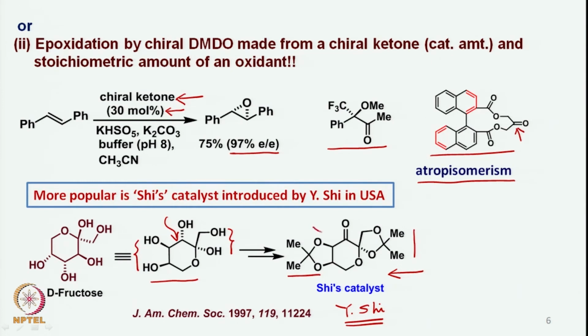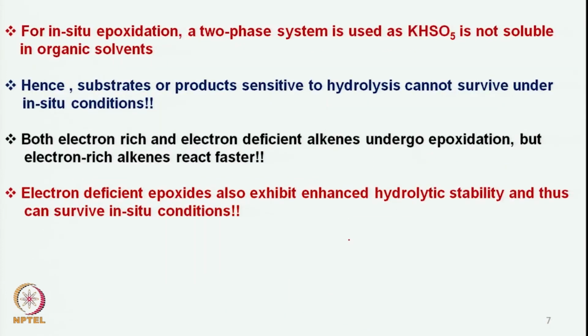And this ketone, as you can see, is flanked by two bulky groups here, this part and this part. So therefore, if the dioxirane is formed in the middle, we can expect a fairly good amount of stereoselectivity because of the steric hindrance.